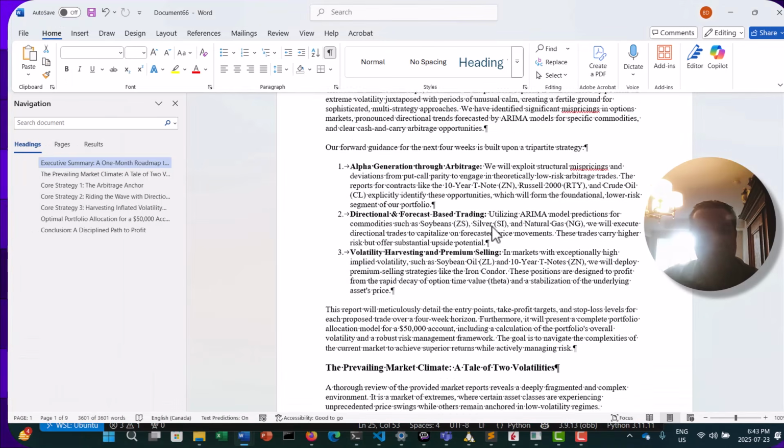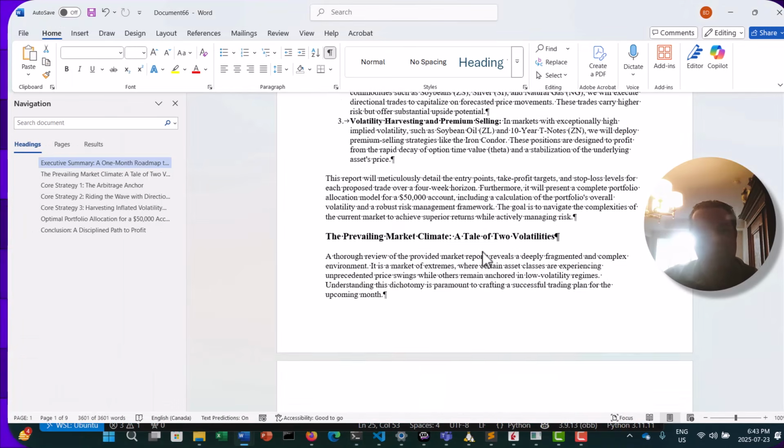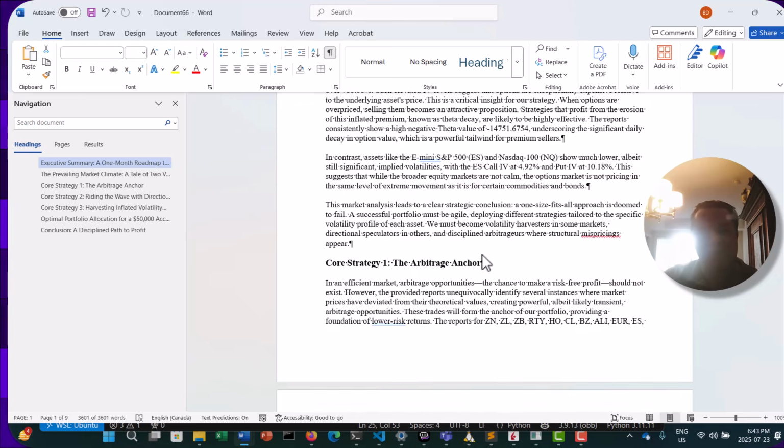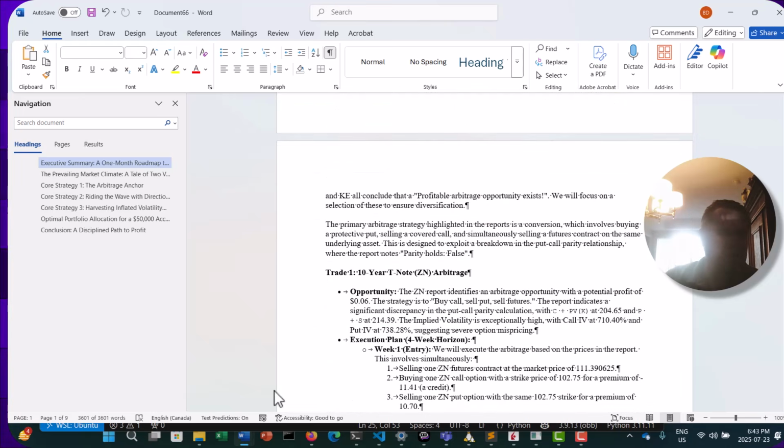So, as you know, I've gone through 45 plus, let's say, instruments, futures and options. There's really no limit as long as I'm only trading on the CME, the Chicago Mercantile Exchange.